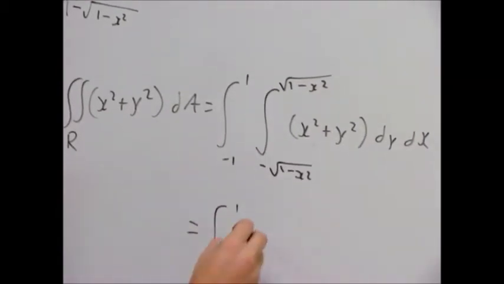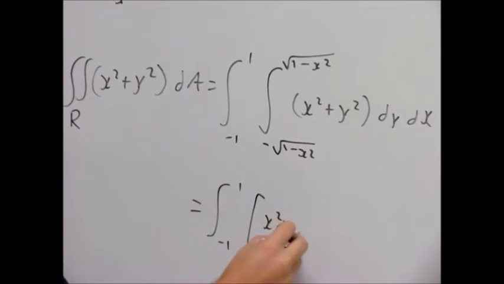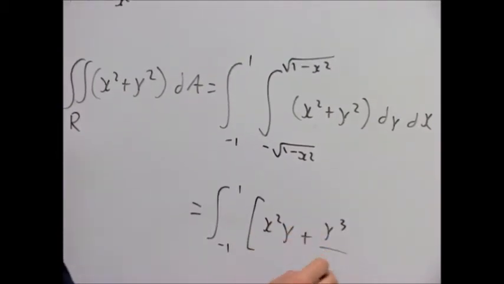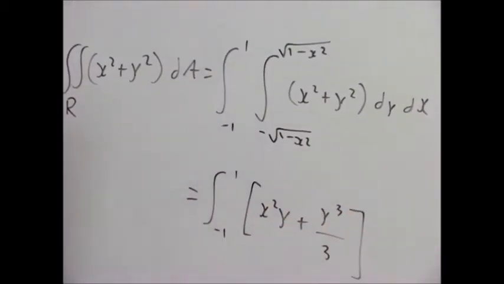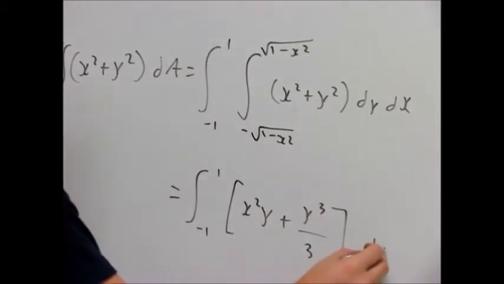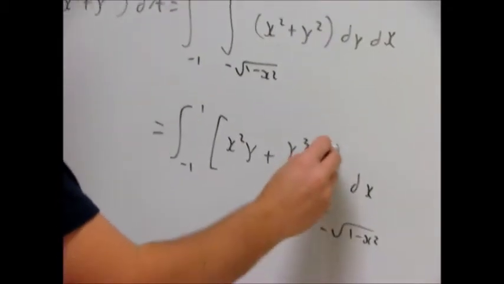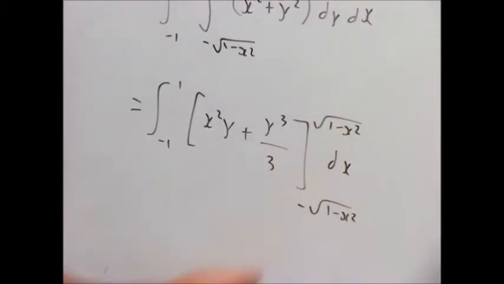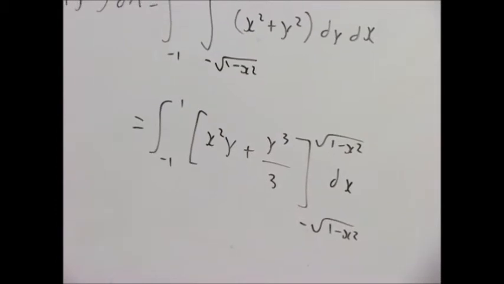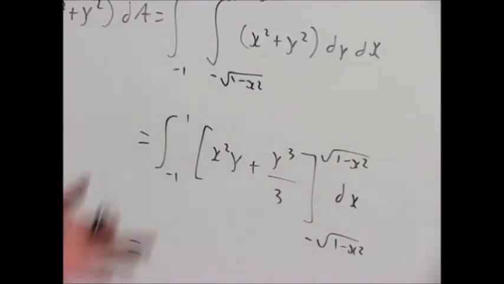We just get, again, x squared y plus y cubed over 3, going from the negative square root of 1 minus x squared to the positive square root of 1 minus x squared. And so, well, we just substitute it.